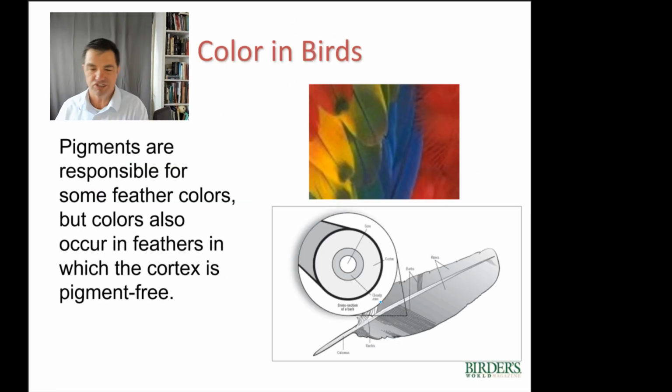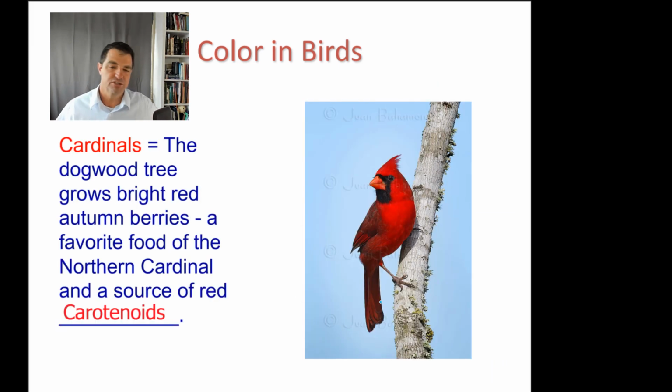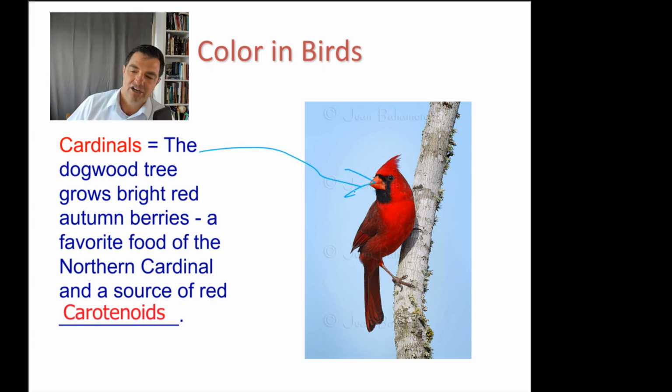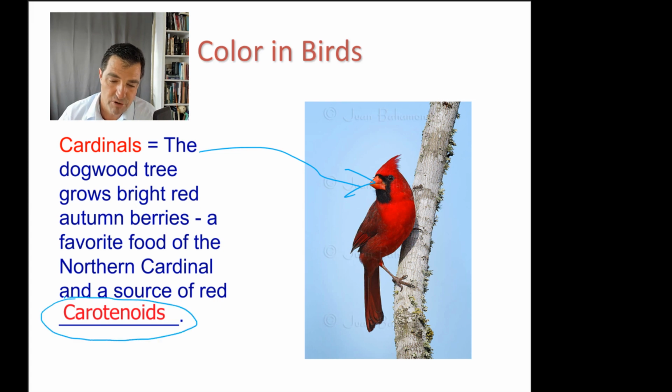Color in birds is an interesting thing. Birds obviously have a variety of colors, and some of those are due to pigments that are in the bird's feather, but some are due to other factors that we'll talk about. If you look, for example, at the very nicely red northern cardinal, a very red male bird, they actually are born sort of gray until they get the carotenoids, which make them this bright red color.